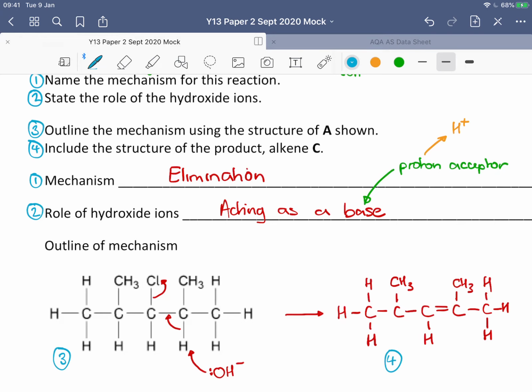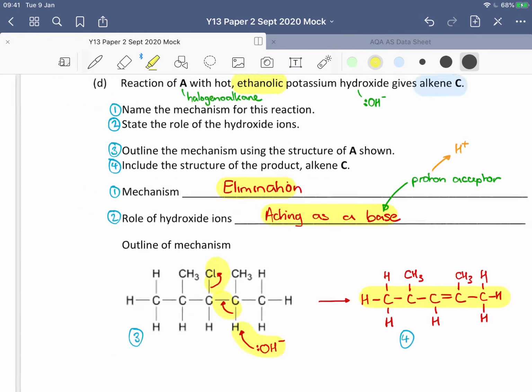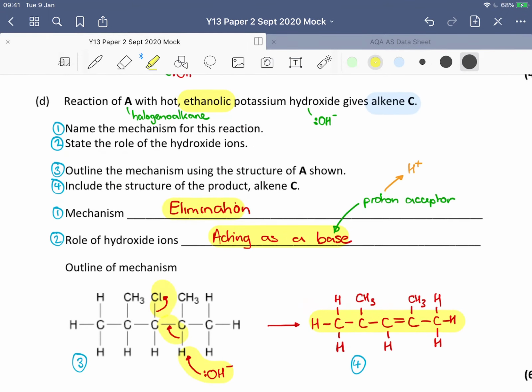And if we think about where the marks come from, obviously there's one mark for elimination, there's one mark for acting as a base, then there are marks for this part of the mechanism, and then we're going to have a mark for our structure. And that is 6 marks, so that makes sense.